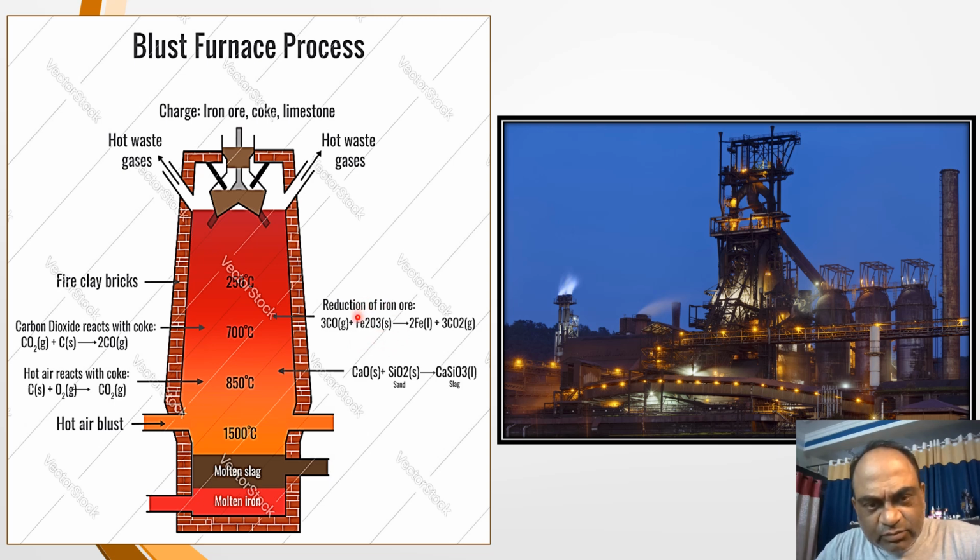Fe2O3 is the iron ore, considering this is the iron ore, and this CO acts as a reducing agent basically here, and Fe is freed as a result of this chemical reaction, and CO2 is produced.